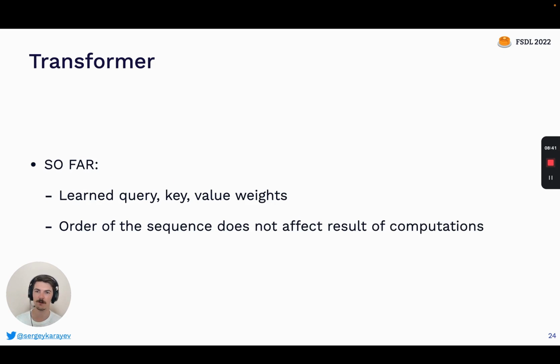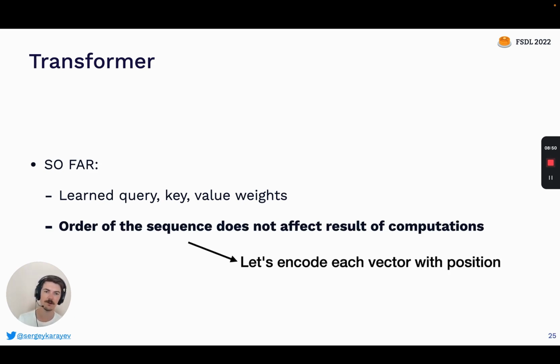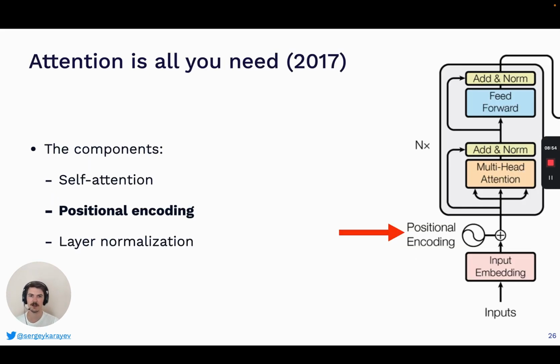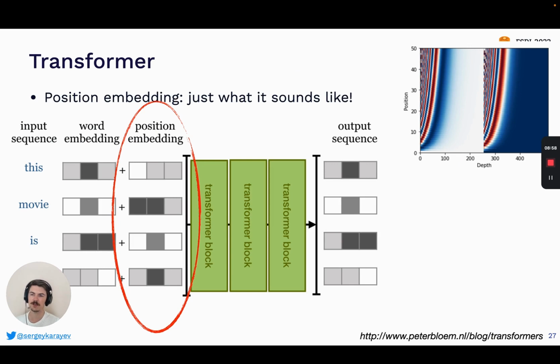Okay, so far we have learned the query, key, and value weights. And now we need to introduce some notion of order to the sequence. What we're going to do is we're going to encode each of the vectors with its position. And that's called positional encoding. So the input that comes in is, let's say, words like vocabulary. And then the first step we're going to do is we're going to just embed it. So instead of a one-hot embedding, it's going to be a dense real-valued vector embedding.